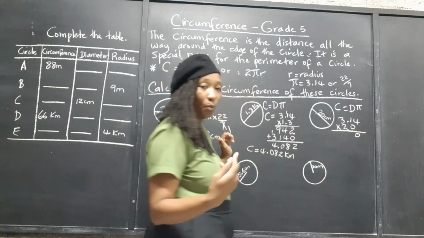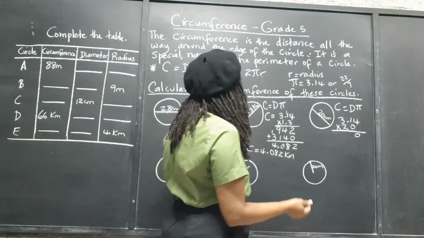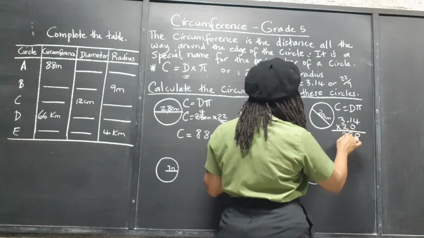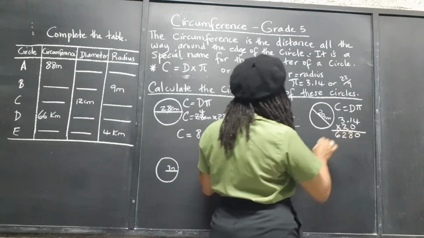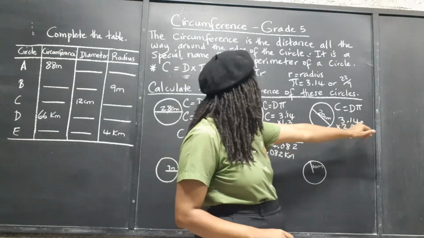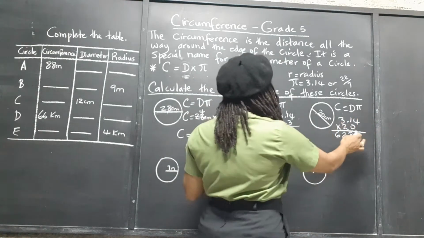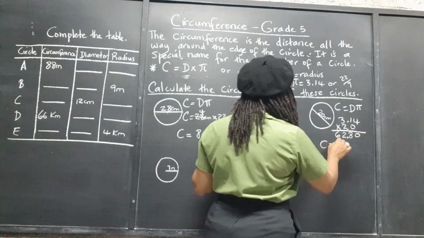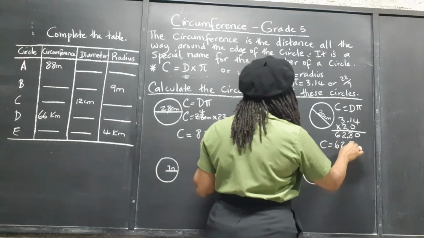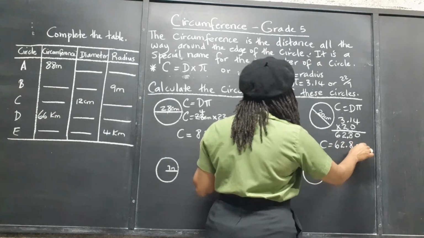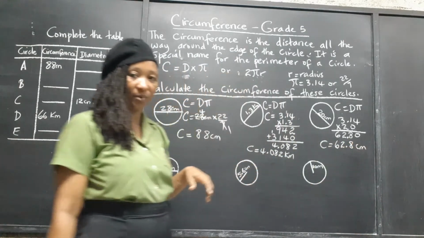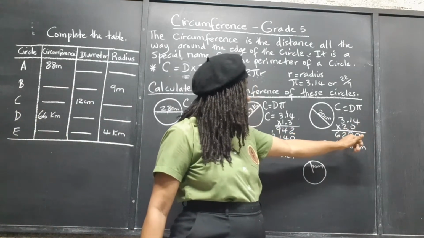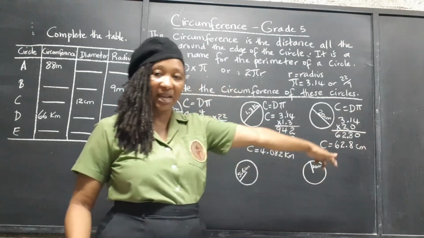We just have to put 1 0, right? And 2 4s are 8, 2 1s are 2, 2 3s are 6. And it's 2 decimal places, 1, 2. So the circumference is 62.8 centimeters. We don't have to put the 0 here since it's a decimal. The 0 makes no difference at the end of the decimal.